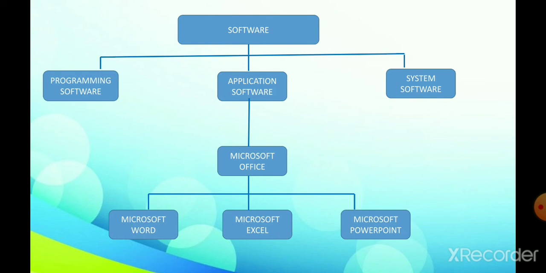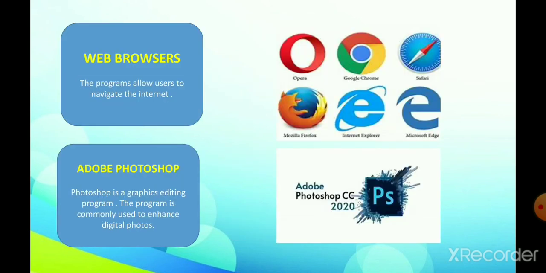Children, next we will discuss web browser and Adobe Photoshop. Web browser, these programs allow users to navigate the internet. Some of the more common ones include Microsoft Internet Explorer, Netscape, Google Chrome, Mozilla Firefox, Apple Safari, etc. Adobe Photoshop.